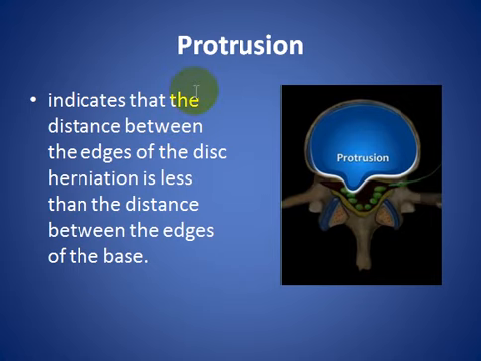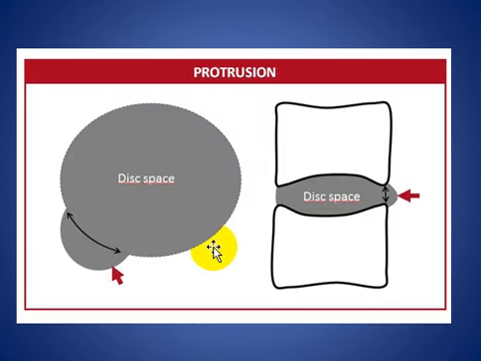What is disc protrusion? Disc protrusion indicates that the distance between the edges of the disc material is less than the distance between the edges of the base. It means that the base is larger than the dome of the disc. As we see here, this is the base and this is the dome, which is smaller than the base.